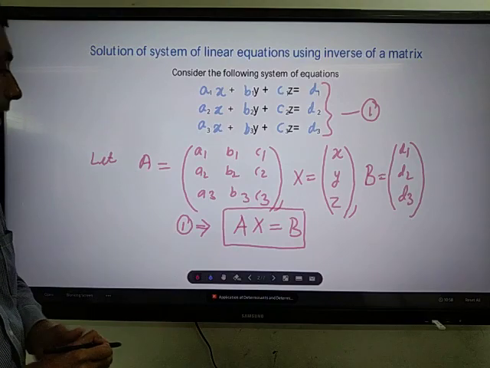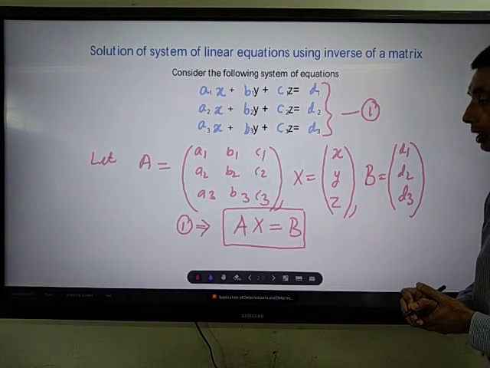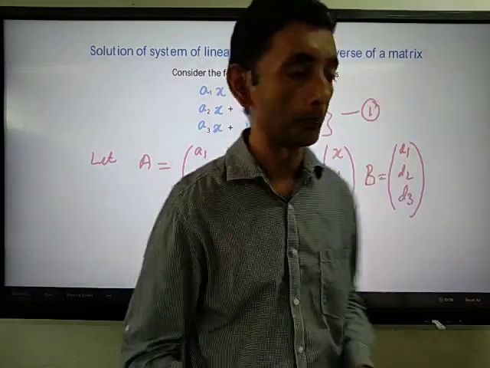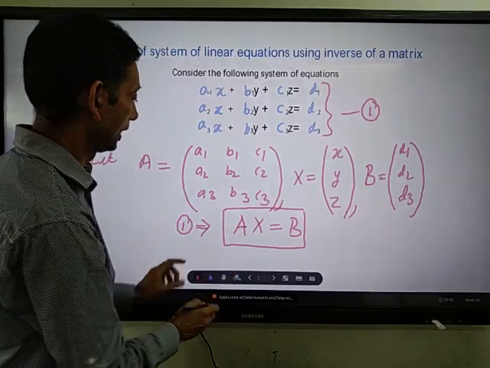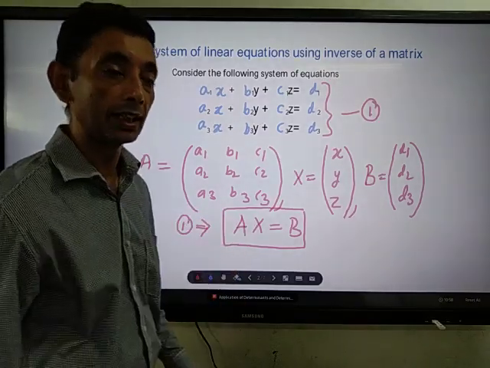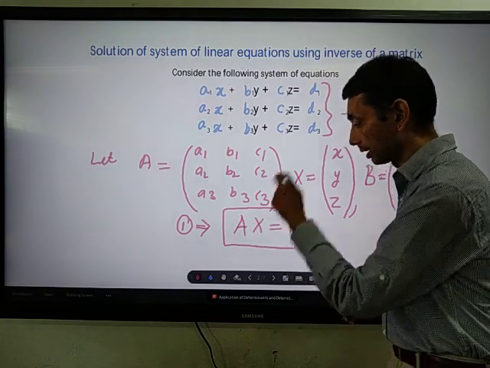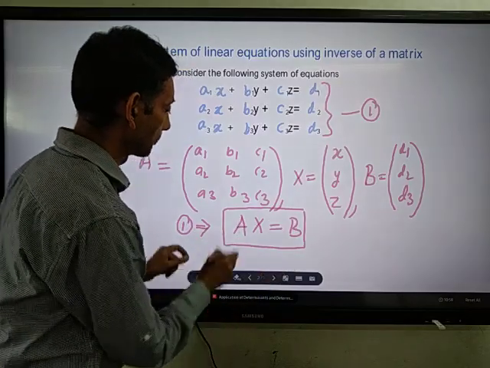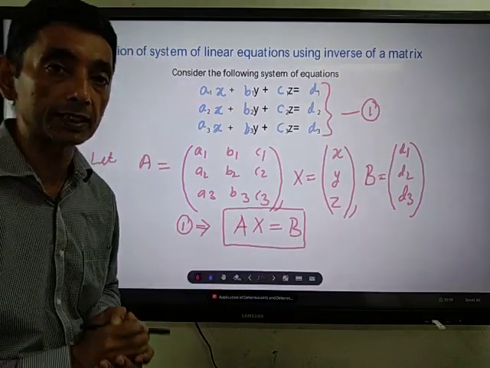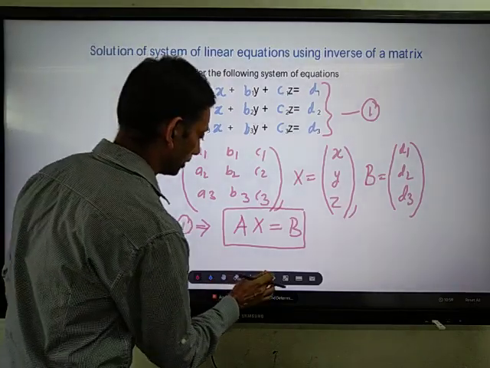Now we are going to discuss how to solve these equations. For the matrix equation, how do we get the value of X? To get the value of X, we need to check whether A is singular or not. That means to remove A from AX equal to B, we need to check whether A inverse exists or not.